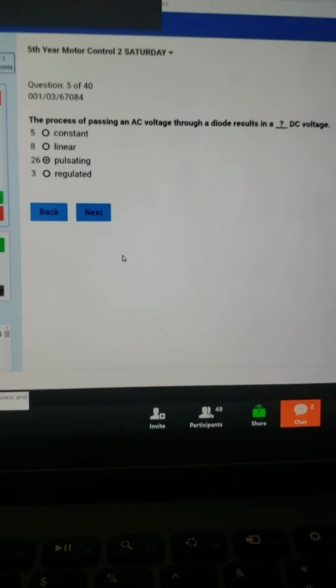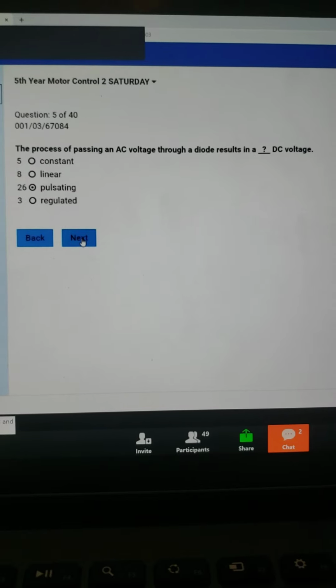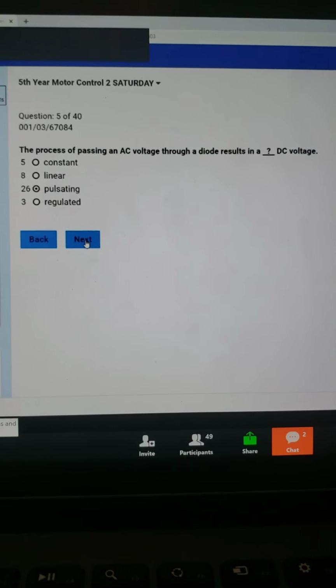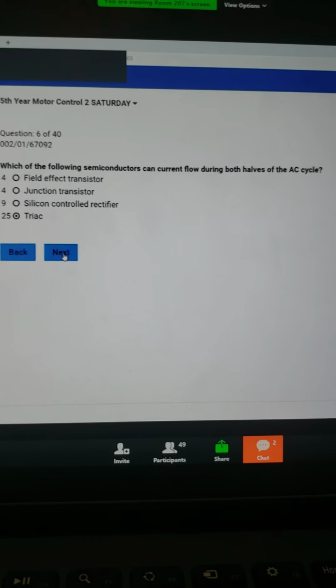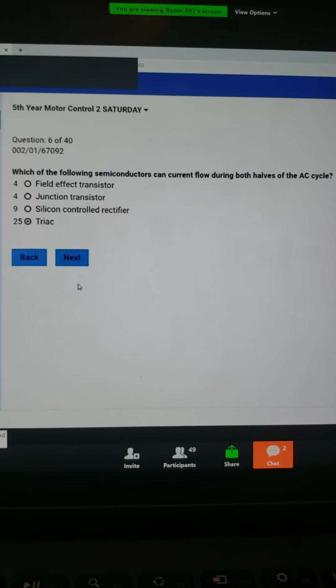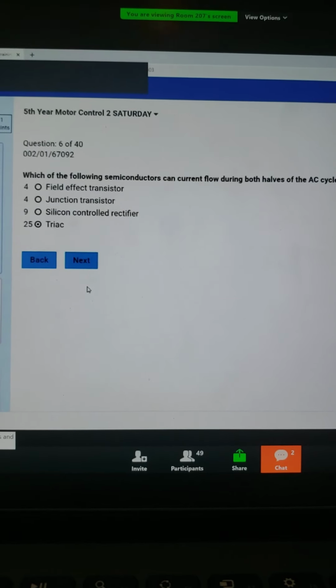Passing an AC voltage through a diode results in a pulsating DC voltage. Which of the following semiconductors can current flow during both halves of the AC cycle?